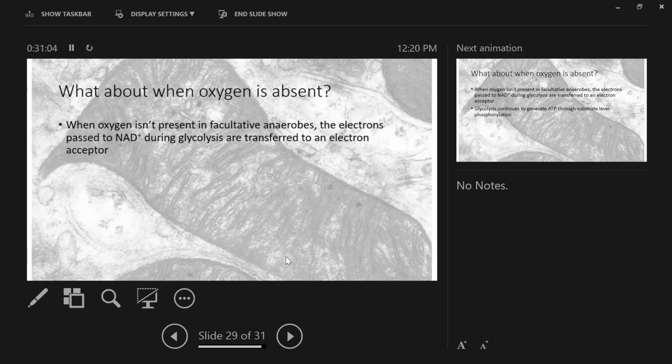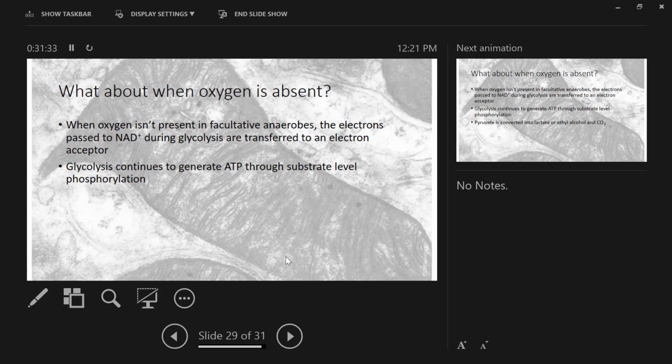So the electrons passed to NAD+ during glycolysis have to be transferred back to a different electron acceptor. So glycolysis, when oxygen is absent, continues to generate ATP through substrate level phosphorylation, right? As phosphate groups are ripped off of the substrate of the enzyme and attached onto ADP to form ATP. So glycolysis still continues.